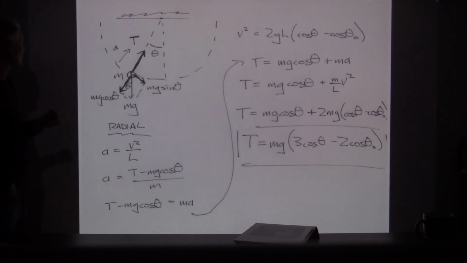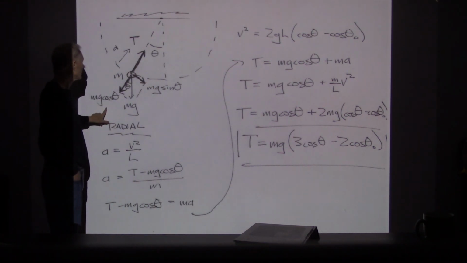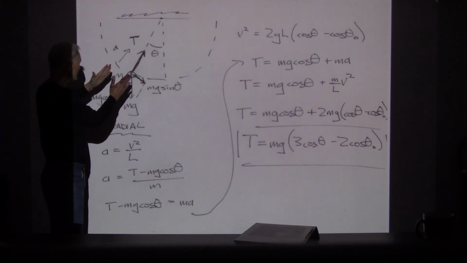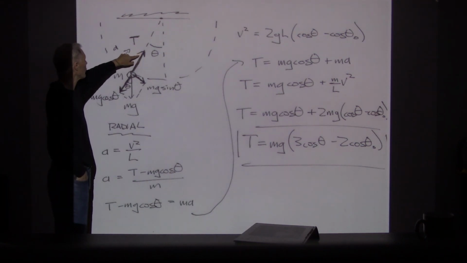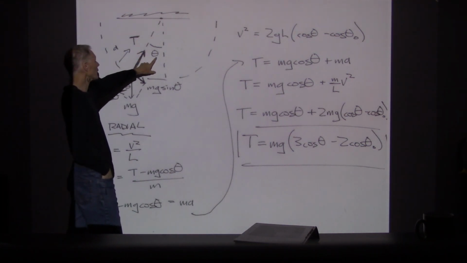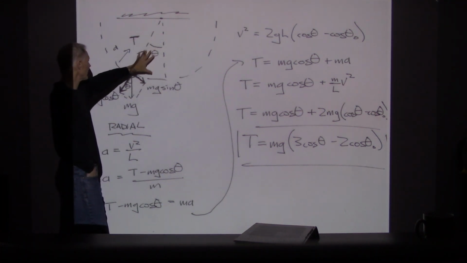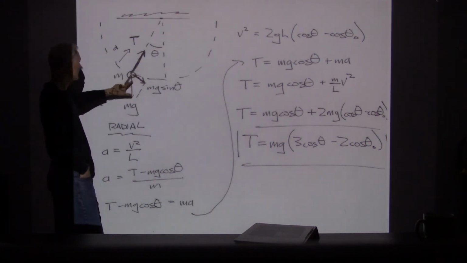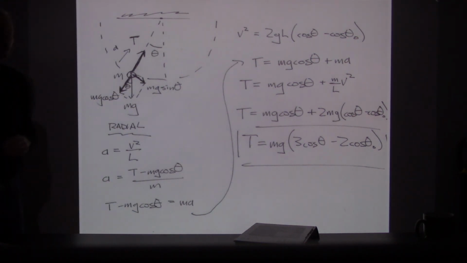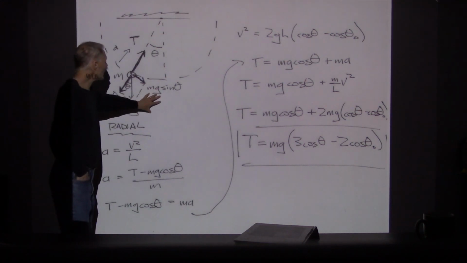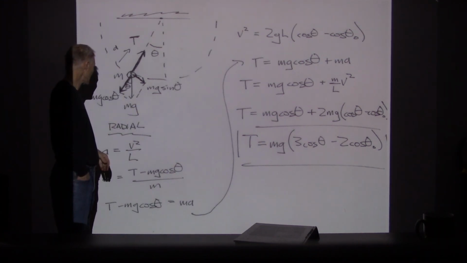Now remember, this is a tricky step, so we have to make sure that that box tips so that mg cosine theta lines right up with the tension. See, here's the angle designating where the pendulum is located, and if I follow that down, that theta there is the same as this theta down in my force diagram. So what's driving this system back to equilibrium is mg sine theta.